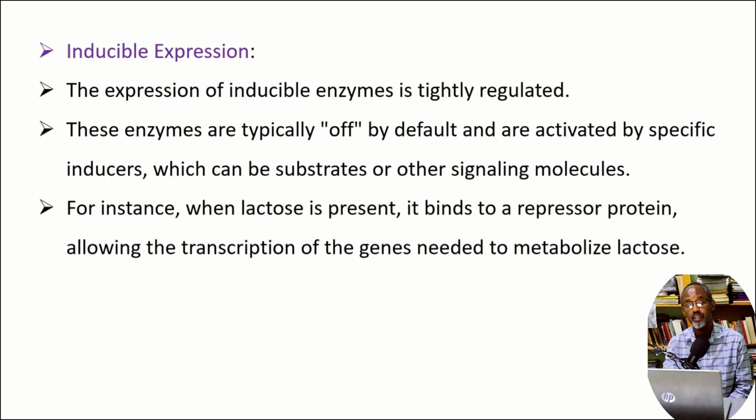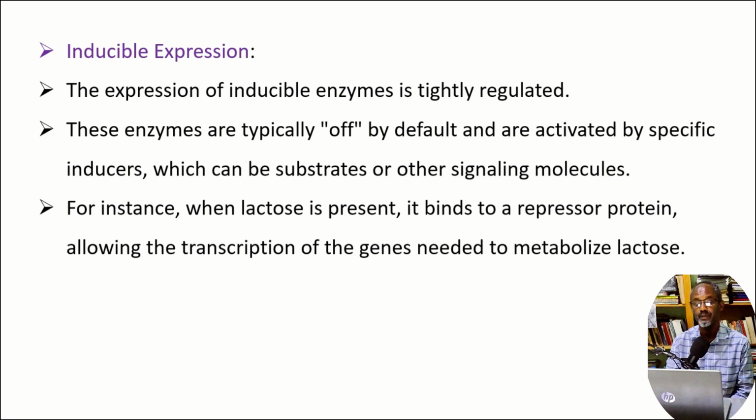Inducible expression. The expression of inducible enzymes is tightly regulated. These enzymes are typically off by default and are activated by specific inducers, which can be substrates or other signal molecules in the environment.